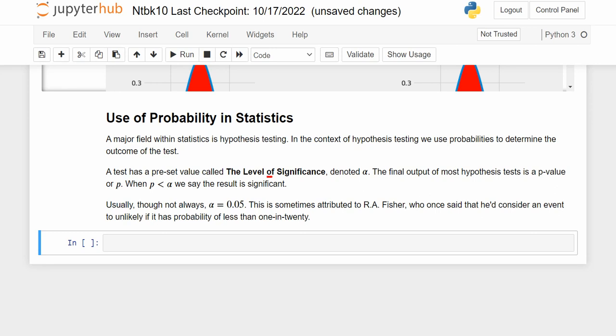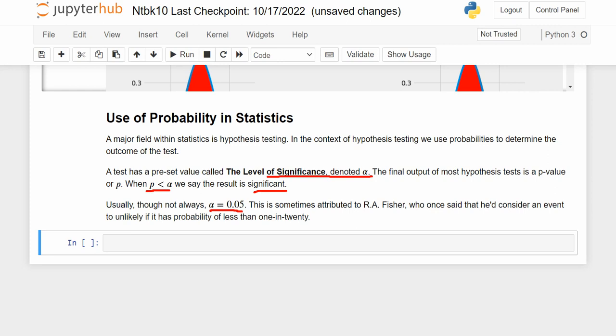So we talked about this level of significance, and you heard me say alpha. I shouldn't have, because we didn't talk about it yet. But what is alpha? Alpha is the level of significance, and when p is less than alpha, we say the result is significant. And on the slide, I showed comparing p to 0.05. Why?